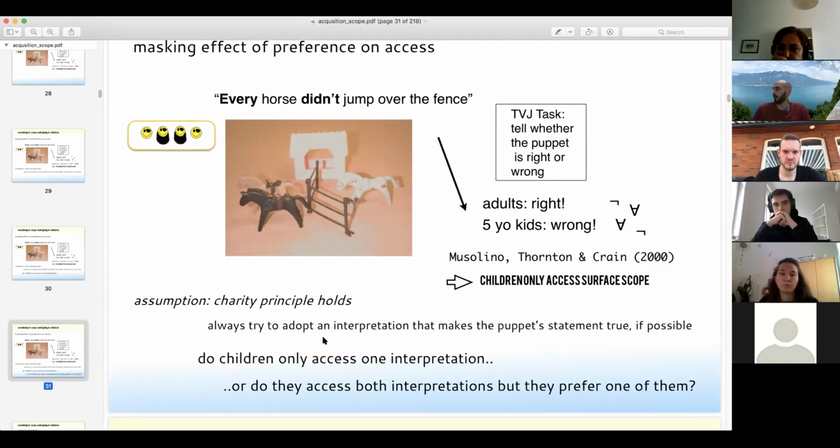Be charitable, okay? And they assume that children always do this because they like to say that people are right. So from this assumption, they say, look, children are charitable. They would have loved to say that the puppet was right, but they really said that the puppet was wrong. So no way they could access that interpretation, okay?